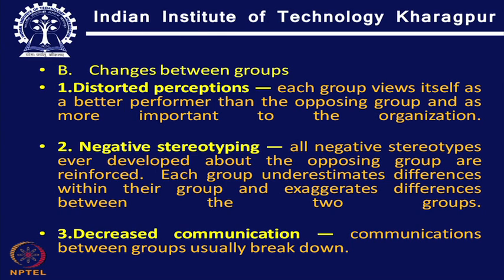So this is the distorted perception. This may happen due to the error of overestimating oneself and underestimating the competencies of the other group. So we go by this distorted perception.